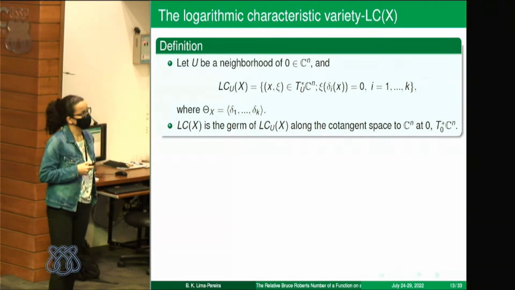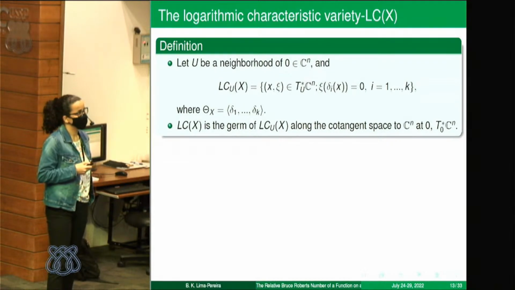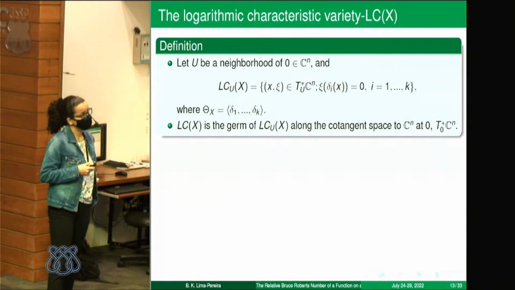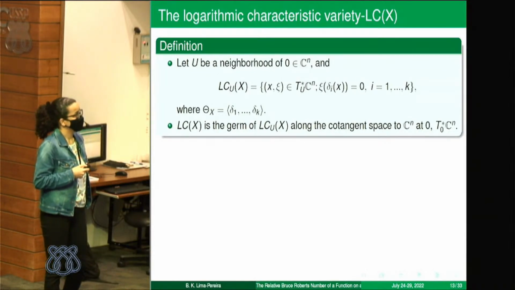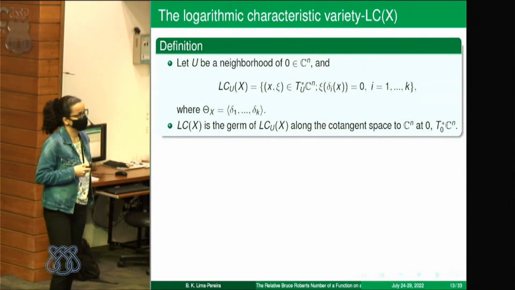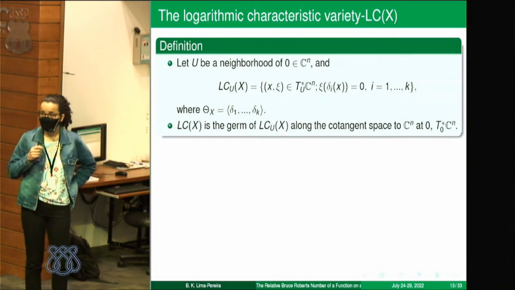The set is equal to the elements in the restriction of the cotangent bundle of Cn to U that satisfy this condition, with i from 1 to k. And the LC(X) is the germ of LC(U)(X) along the cotangent space to Cn at 0.